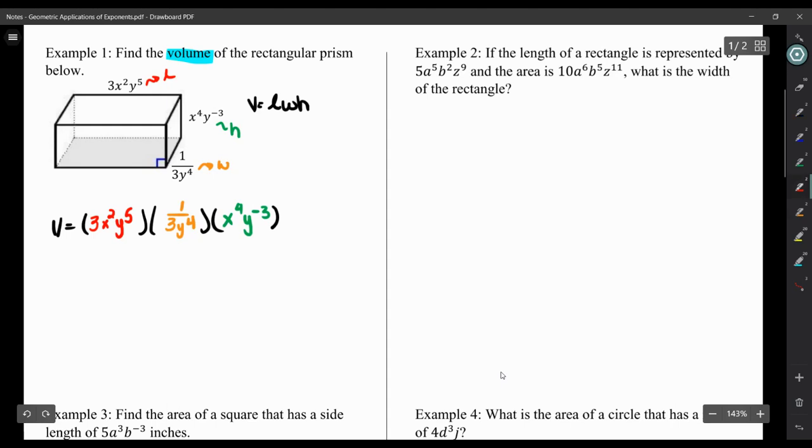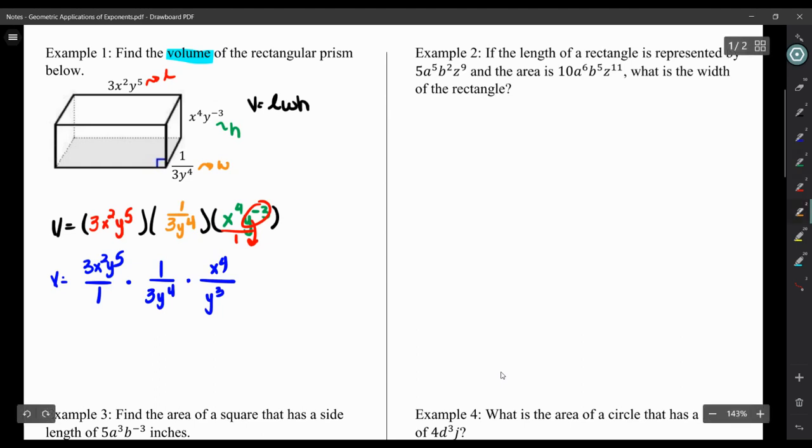First thing we need to do is anything to the negative exponent must drop below your fraction. So what we have for our volume is V equals 3x squared y to the 5th over 1 times 1 over 3y to the 4th times x to the 4th over y to the positive 3, since y to the negative 3 moved underneath.